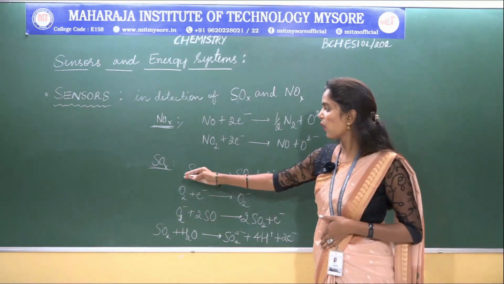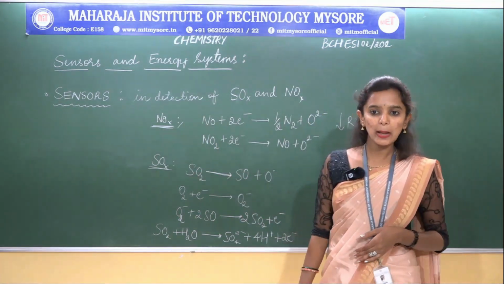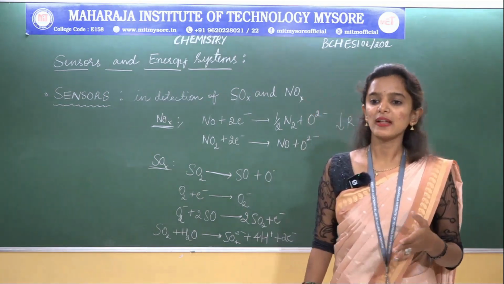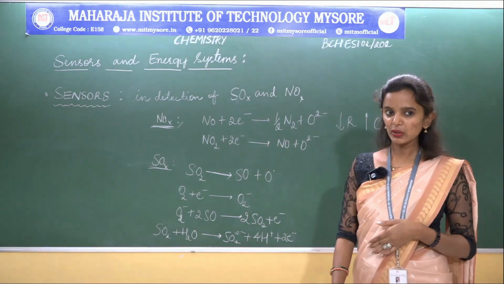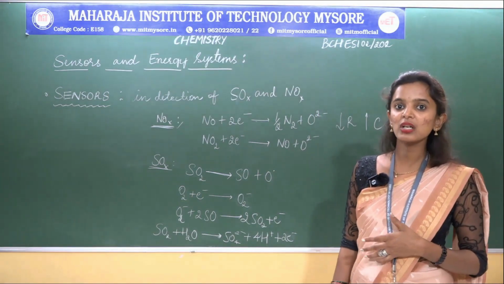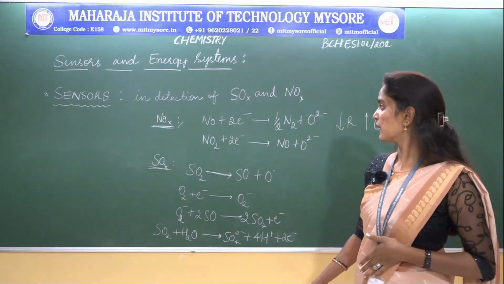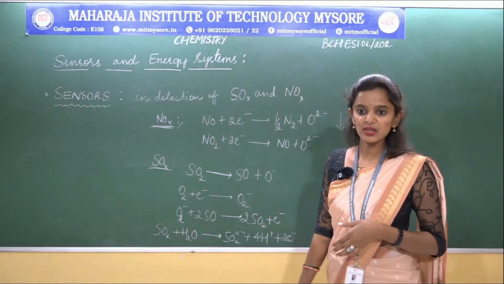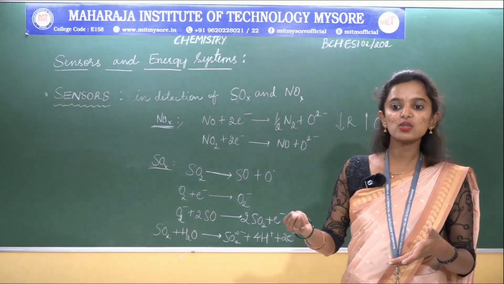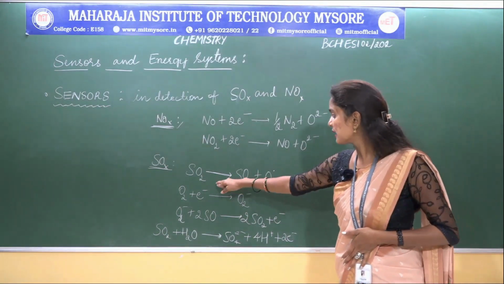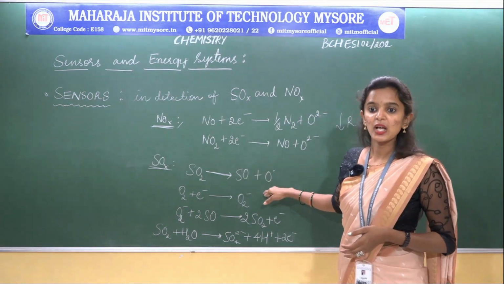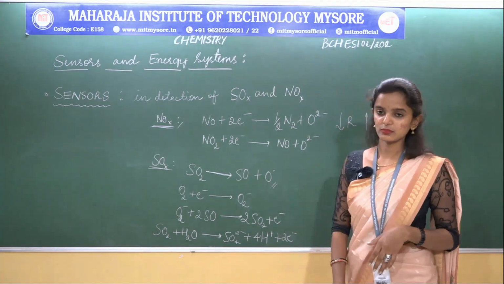Whereas in the detection of oxides of sulfur, they work on the electrochemical principle. We know electrochemical principle is about diffusion, where the diffusion of SO2 gas occurs. The diffusion occurs to form SO2 getting oxidized to form oxygen free radical.